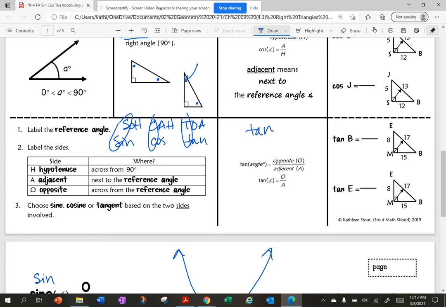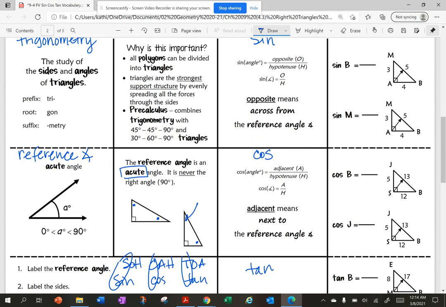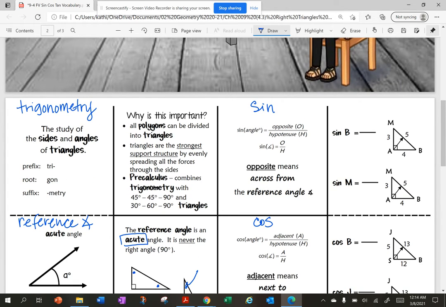The adjacent side is next to the reference angle, and the opposite side is across from the reference angle. Okay, once we label the sides, then we can define the ratio. So sine, cosine, and tangent are the ratio of two of the three sides.